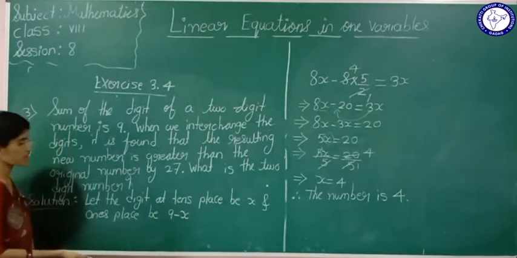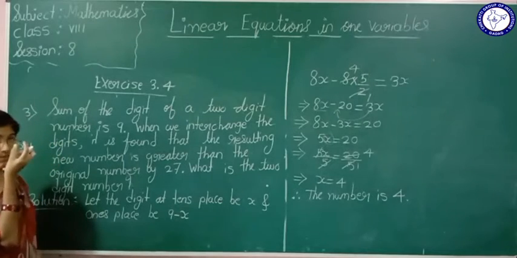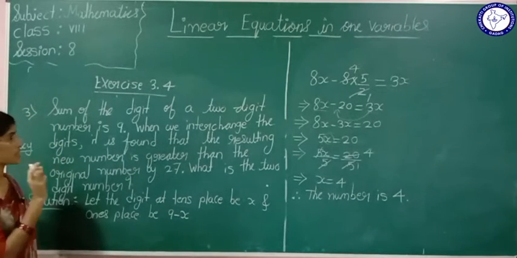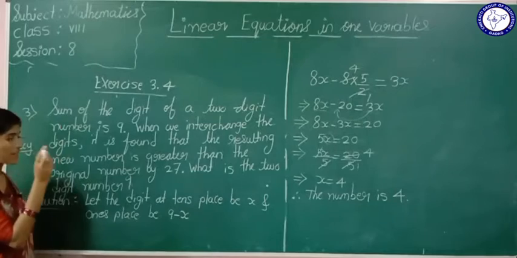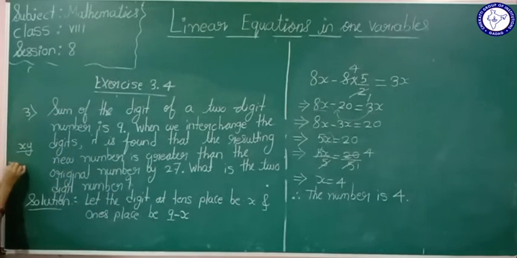Now see students, what they told: take any two-digit number in which the digits add up to 9. I took one digit as x and the other digit as 9 minus x. So if we add these, the sum is 9.